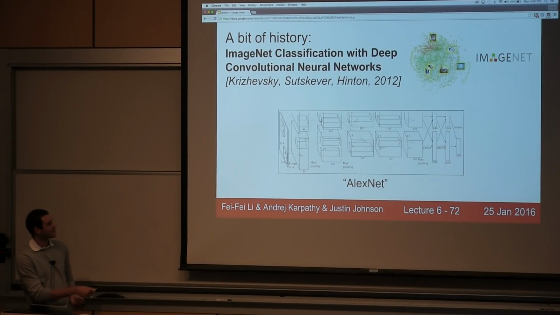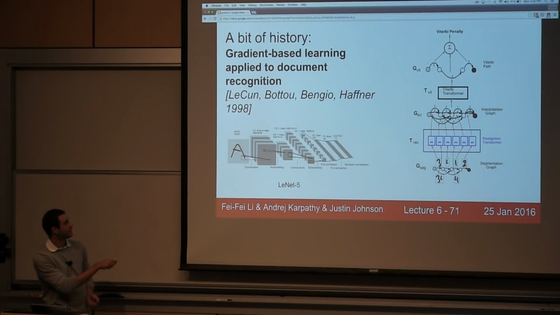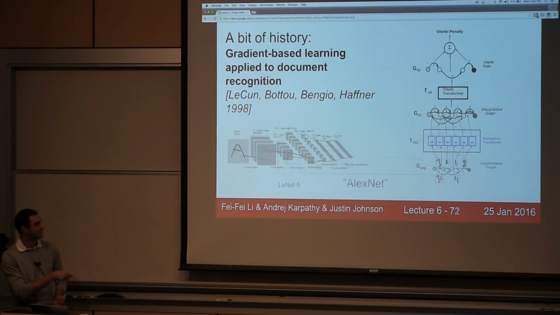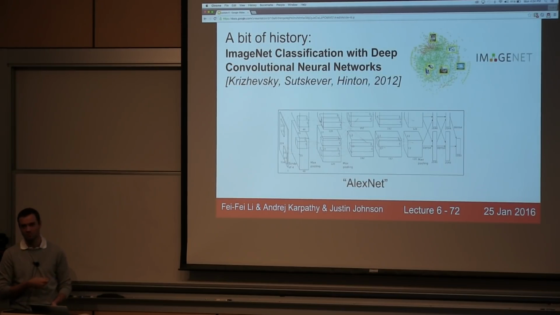So this was AlexNet, and it was the one that actually outperformed by quite a bit all the other algorithms. What's interesting to note historically is the difference between AlexNet in 2012 and LeNet in the 1990s. There are basically very, very few differences when you look at these two networks. This one used, I think, sigmoids or tanh probably, and this one used ReLU.